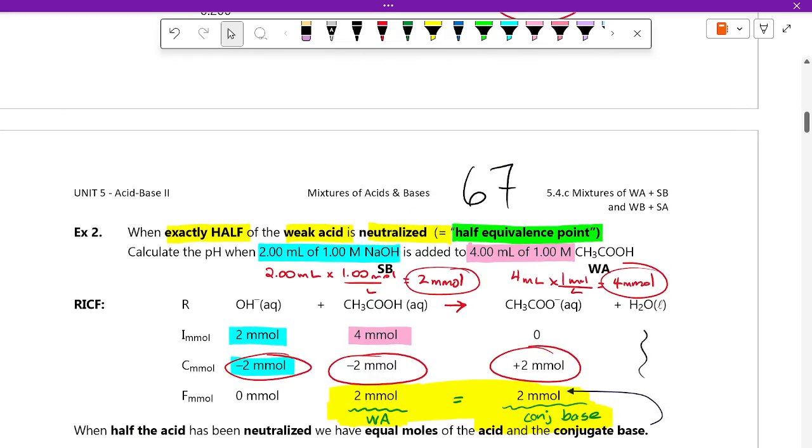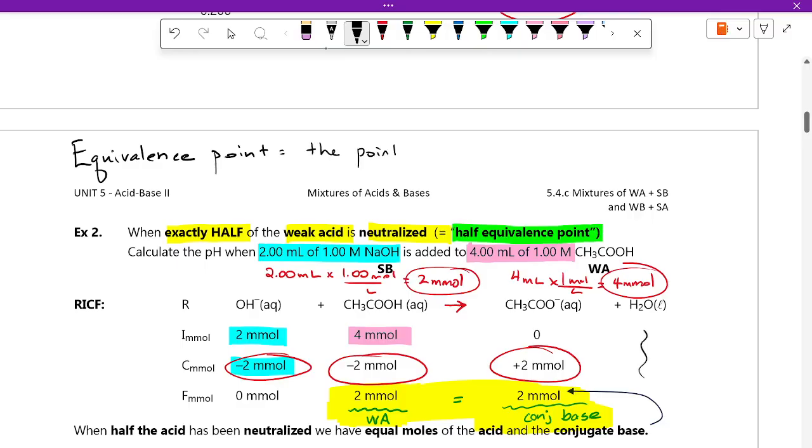The equivalence point is the point in a titration where the stoichiometry of the equation is perfectly fulfilled.